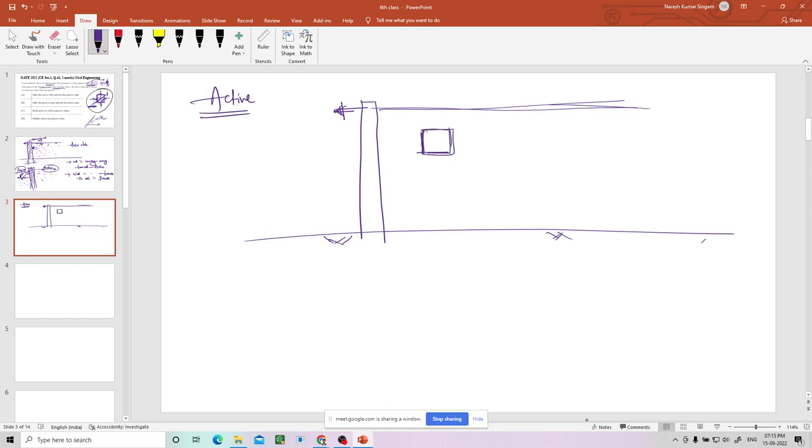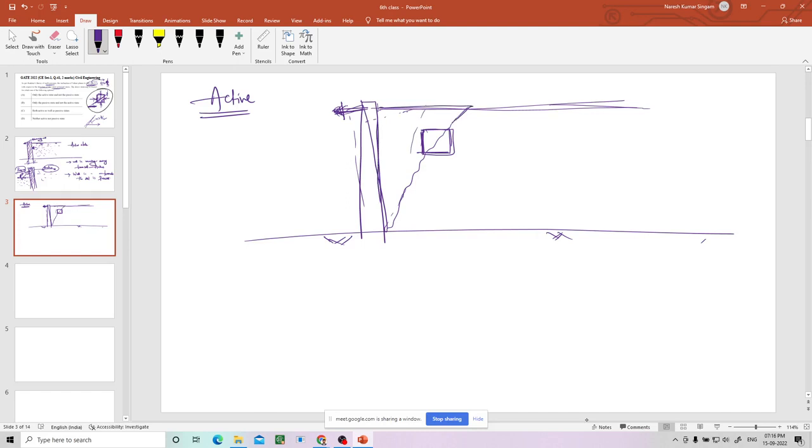Whenever it is moving in this direction, this soil fails along this retaining wall. This total soil wedge, this part, will move in the downward direction, because the wall is moving in this direction. Then finally the soil will fail like this. In that way, this soil wedge is moving downward.